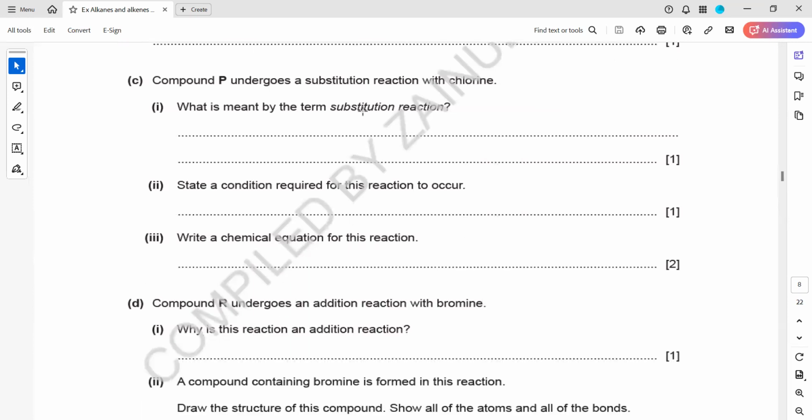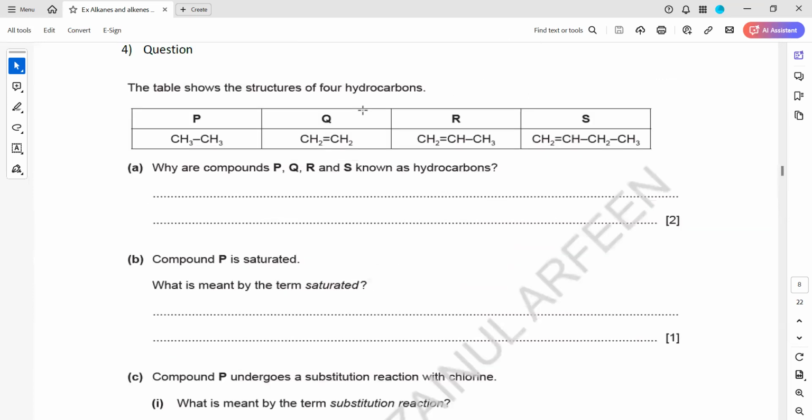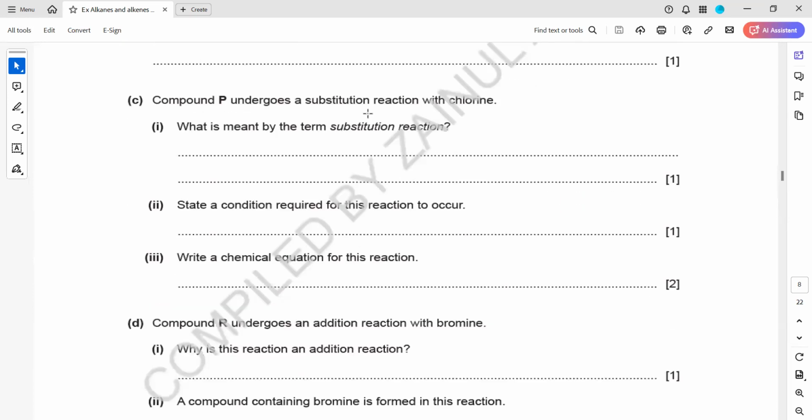What is meant by the term substitution reaction? So compound P undergoes a substitution reaction, what is the definition of a substitution reaction? A substitution reaction is when an atom or a group of atoms replaces the other atom or group.